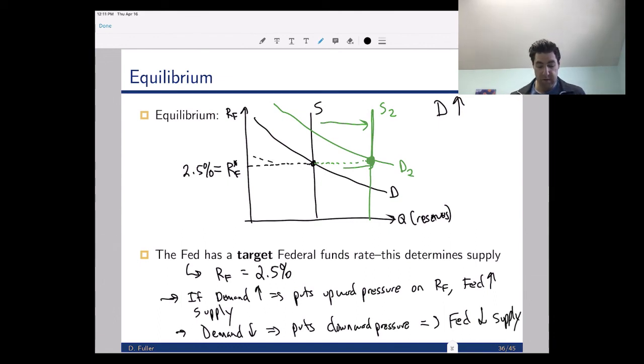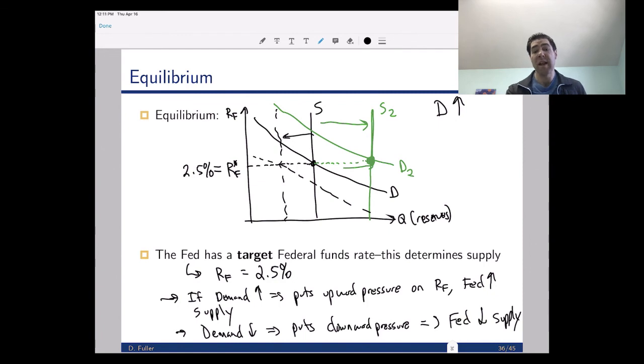So if demand was to decrease, the Fed has to decrease supply in order to keep the federal funds rate at 2.5%. And so that's what the Fed does on a day-to-day basis. So lots of various things, some longer term, more structural, some day-to-day. People buy more stuff than usual that tends to cause this interest rate to fluctuate. The Fed is always there every day to make sure that the rate stays at its target rate.